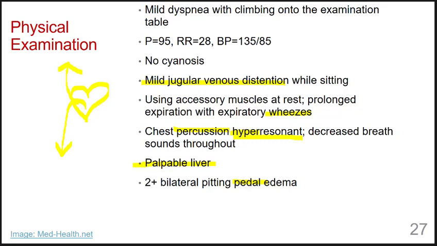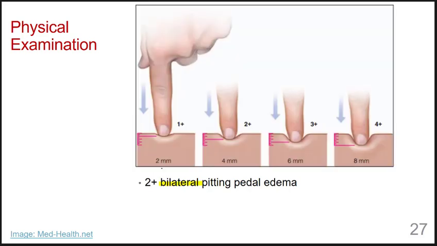Pedal edema is just the accumulation of fluid in the feet and within the lower legs. And so I'm going to bring up an image to show you what 2+ would mean. Now we know bilateral means on both sides. But in this image here, you can see different degrees of edema, and this would be considered 2+ pitting edema, where you have about 4 millimeters of pitting that exists.